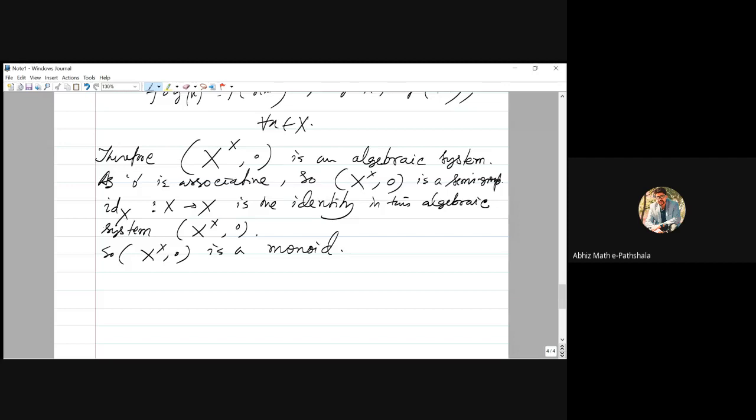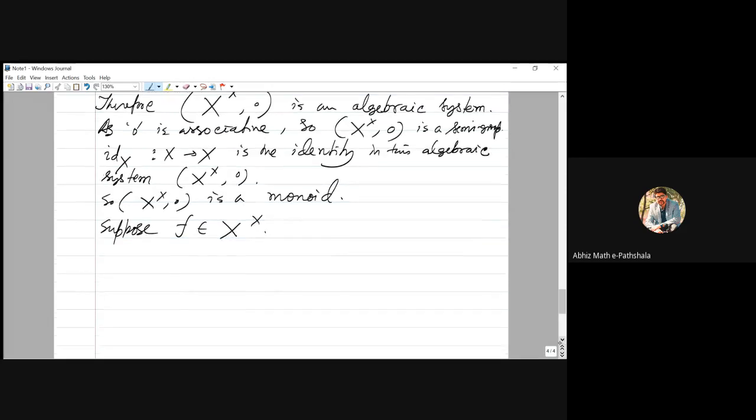Now suppose f belongs to X to the power X, okay? Be any map from X to itself, okay? Then can you say that this f has a left inverse, or can you say that this f has a right inverse, or can you say that this f has an inverse?